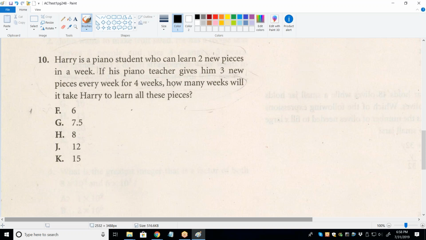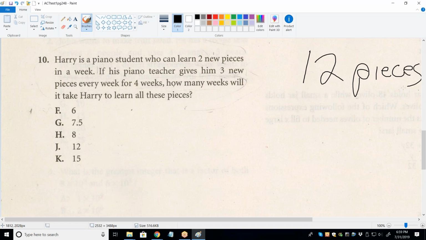How many new pieces is his piano teacher giving him in total? If she gives him 3 new pieces every week, okay? So she's giving him 12 pieces. Read the first sentence again.